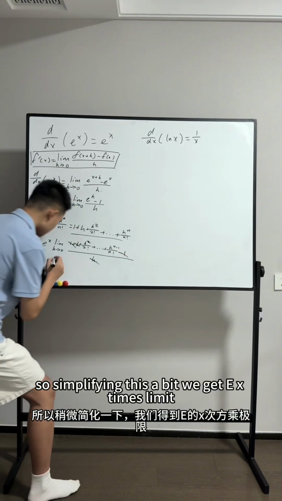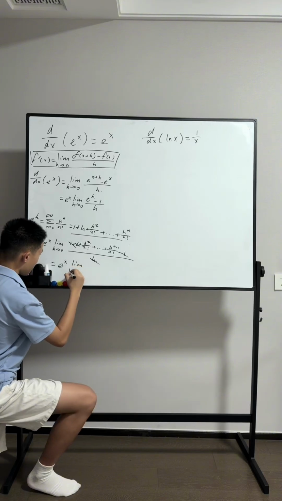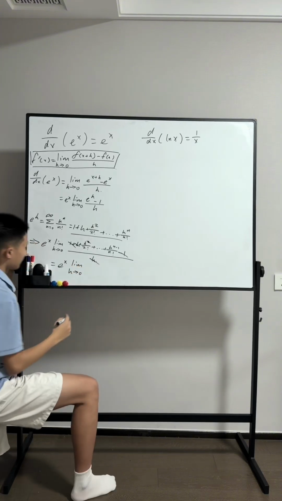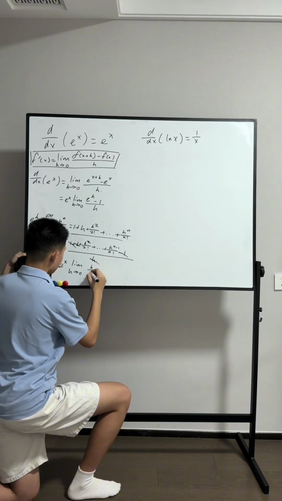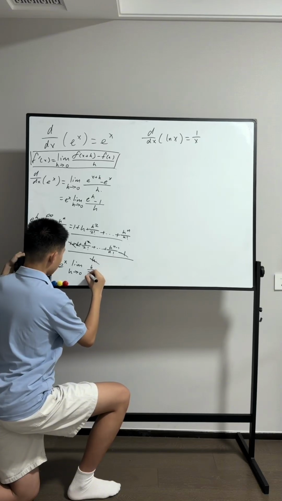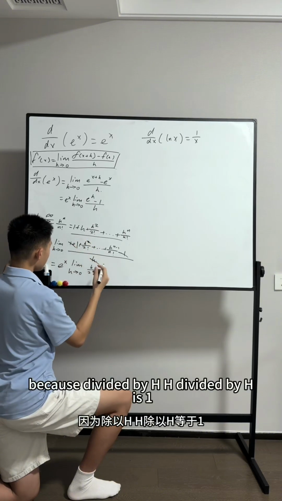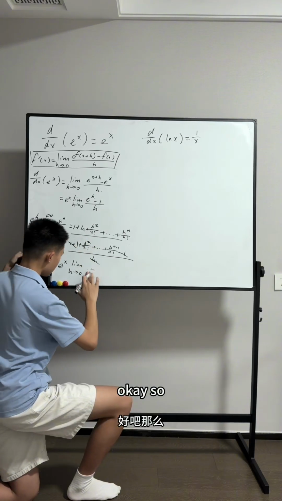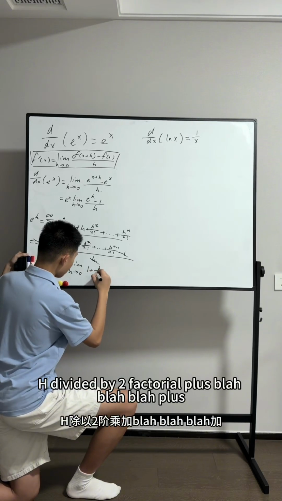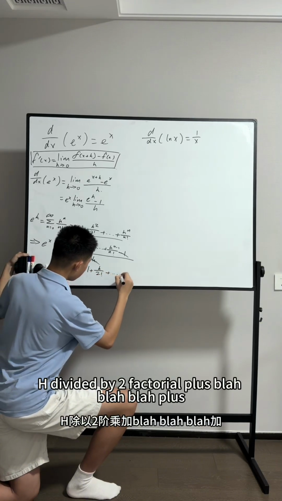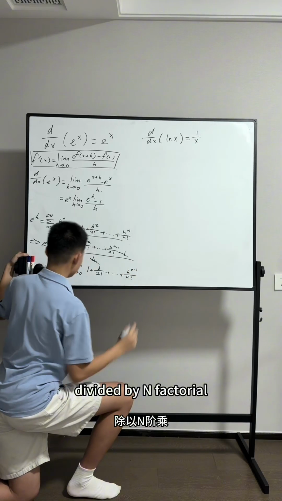Simplifying this a bit, we get e to the x times the limit as h approaches 0 of 1 plus h divided by 2 factorial plus blah blah blah plus h to the n minus 1 powered divided by n factorial.